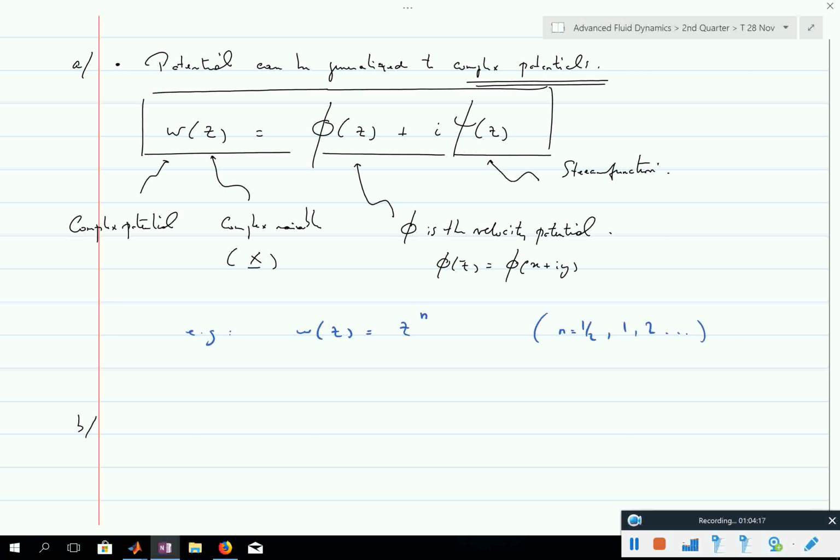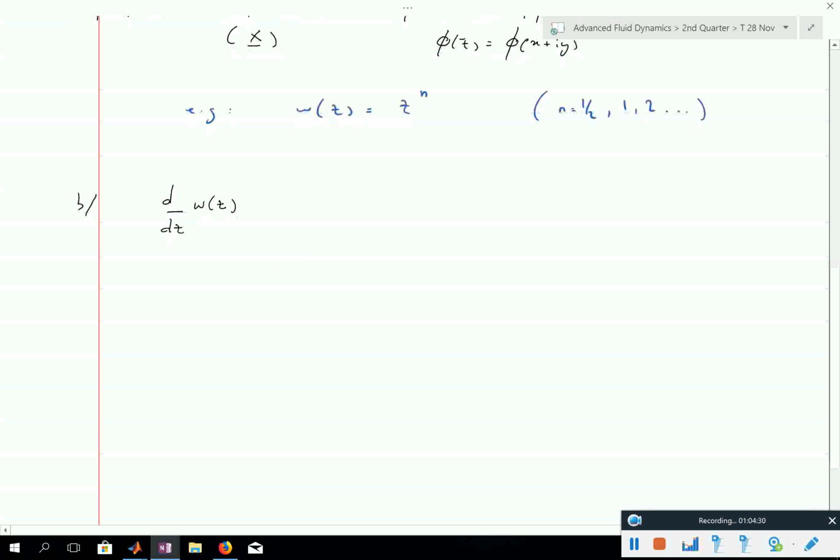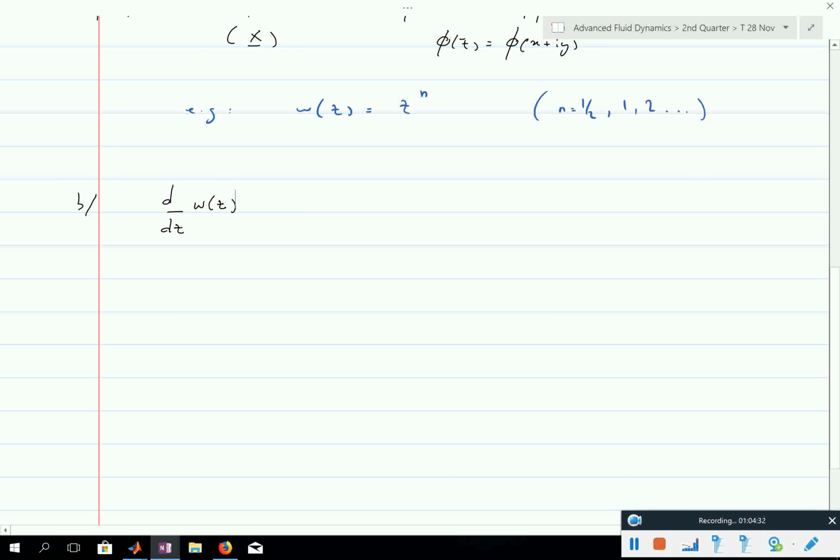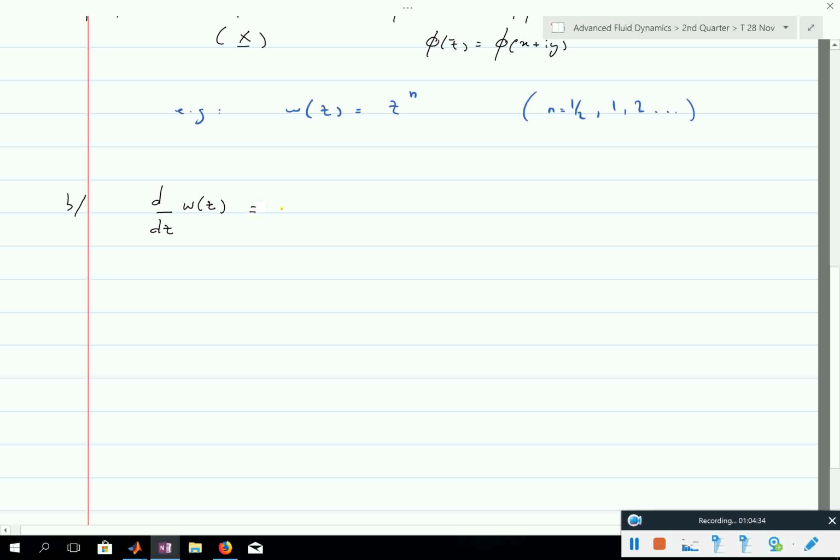So if you take your complex potential and you differentiate with respect to z, this is going to be linked to the velocity. But now it's not exactly going to be the velocity. This is the one thing which is strange.